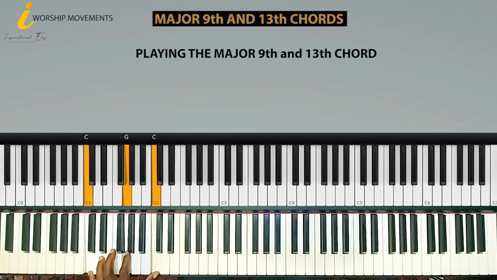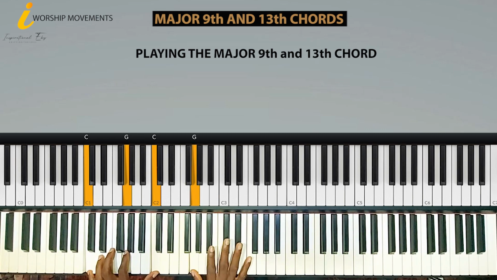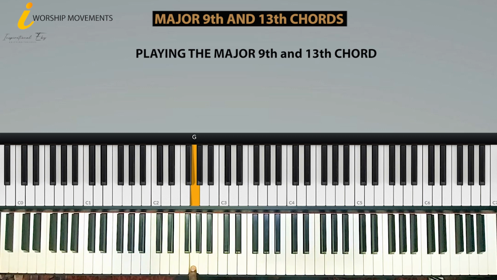Then on my right hand, what do I do? I go to the 5th degree of the C, where I am. We want to build the C major 9. So I go to the 5th degree of C and then build a major triad, which is G. This is G, the 5th degree.